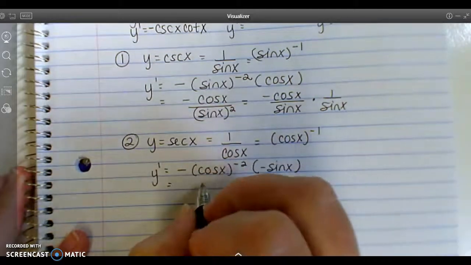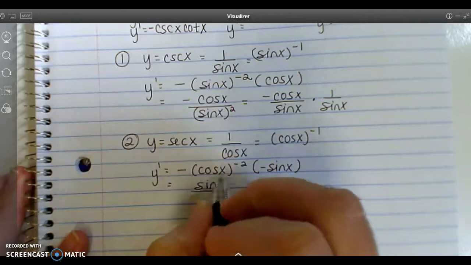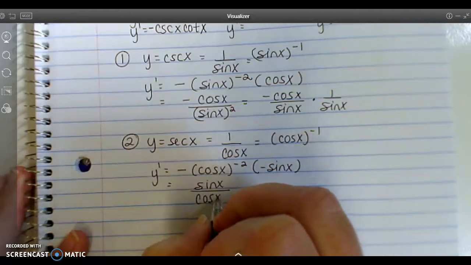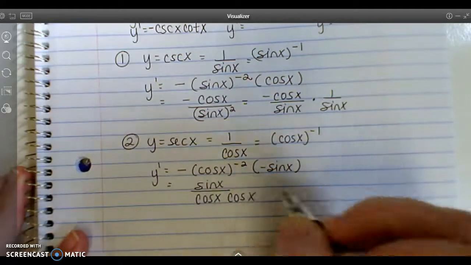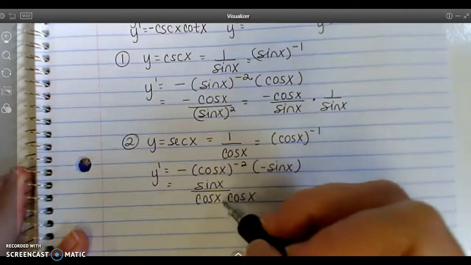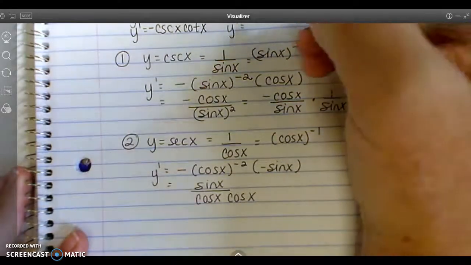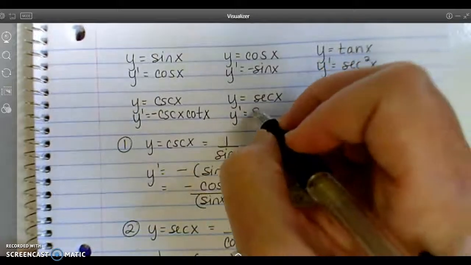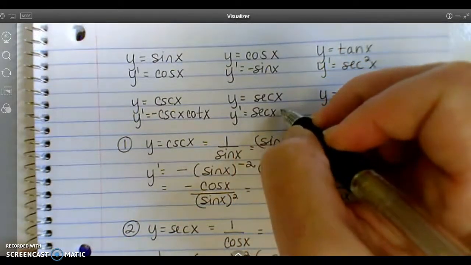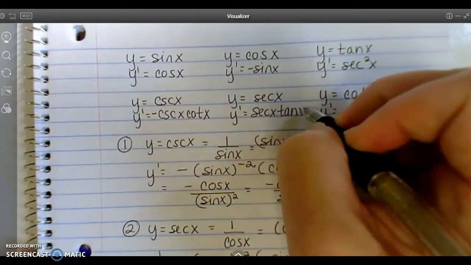The 2 negatives can multiply, and we have sine x over cosine squared of x. I'm just going to write cosine of x twice here. So that's tangent. And then 1 over cosine is secant. So the derivative of secant of x is secant of x times tangent of x.